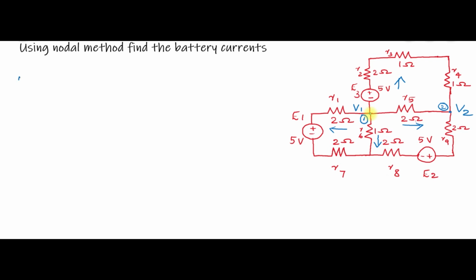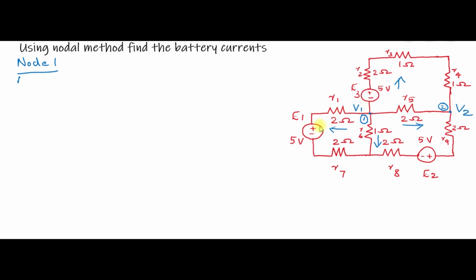So at node 1, from here you have to assume V1, positive to negative, so you have to consider the fall in potential.